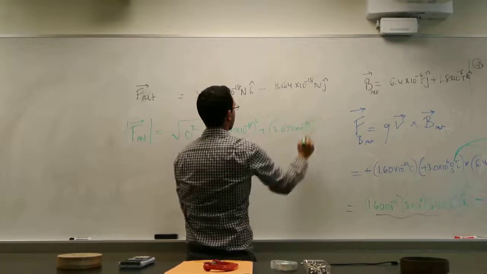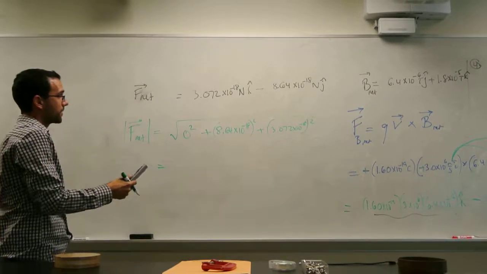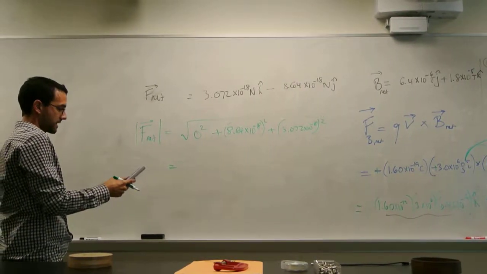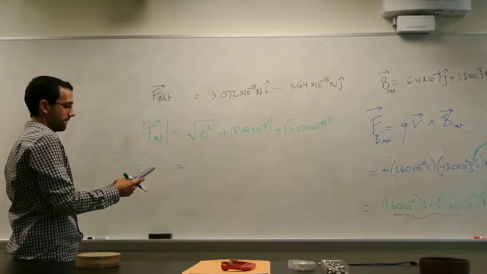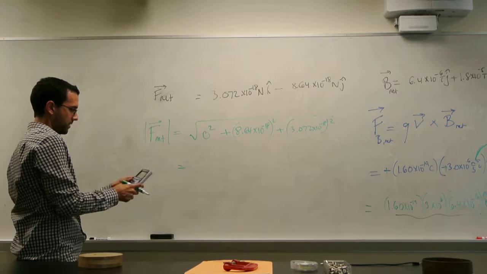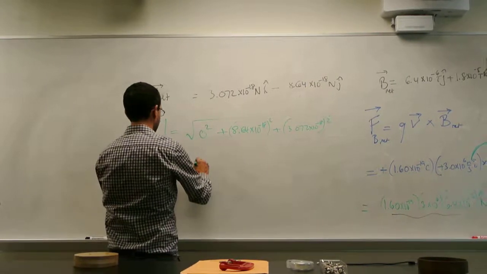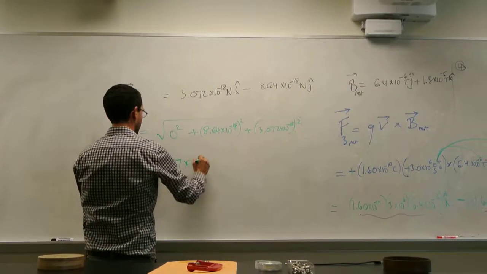Remember, because it's 3D. So that would give me my final answer. I'm going to square those components and then square root that. So I'm getting 9.17 times 10 to the minus 18.